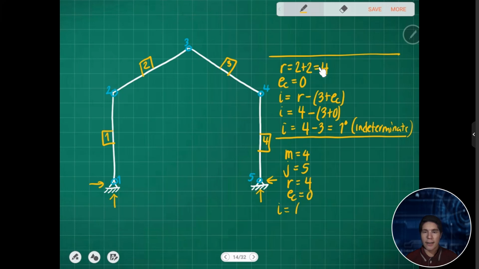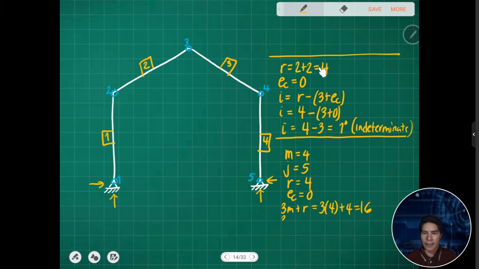So we have 3m plus r minus 3j plus EC. We get the value of 3m plus r first. So we have 3 times 4 plus 4, that is 16.